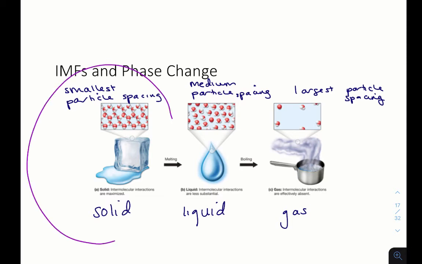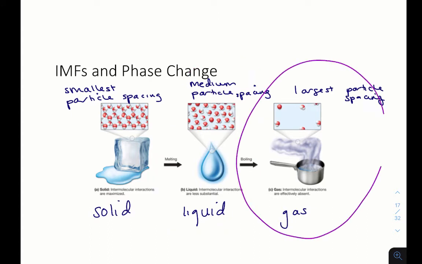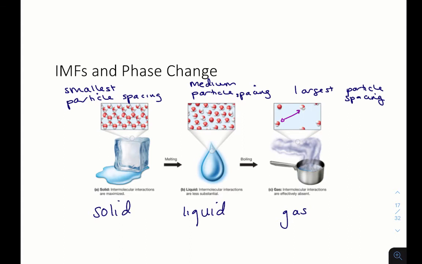The solid has the smallest particle spacing, liquid has medium particle spacing, and gas phase has the largest particle spacing, the largest distance between two molecules of a substance. This results in the solid having the strongest intermolecular forces of attraction, and the gas phase having the weakest intermolecular forces of attraction for the phases of a given substance.